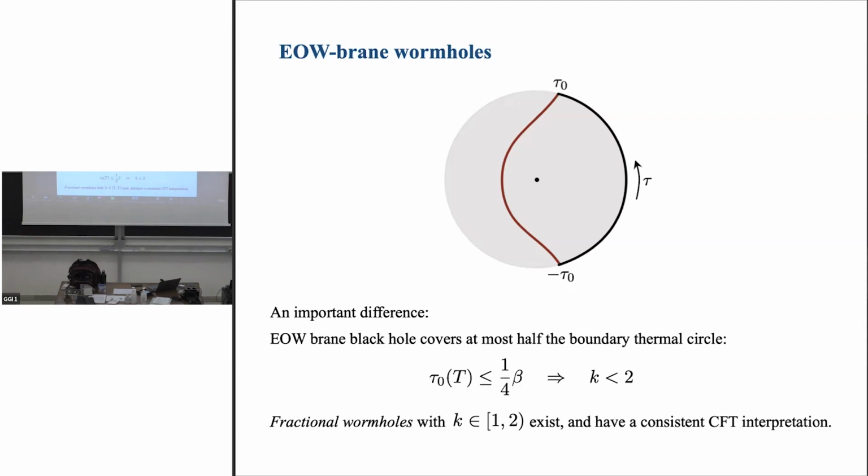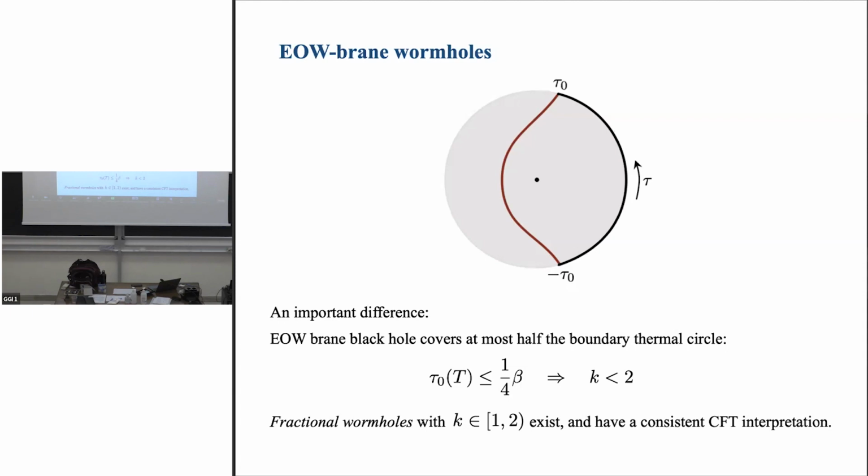Now, if we talk about the quotient wormhole, we can take k to be non-integer, and this procedure works perfectly well for k between 1 and something less than 2. That depends on the tension of the brane. So if you give me a brane tension, then I can construct wormholes with like 1.7 boundaries, but not with a real integer number of boundaries.